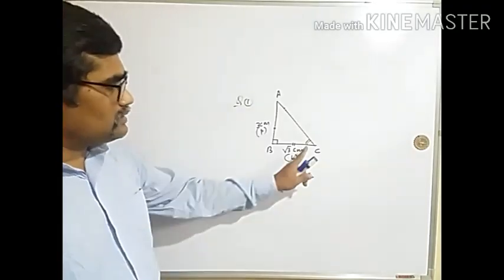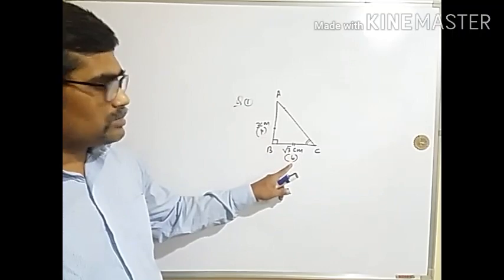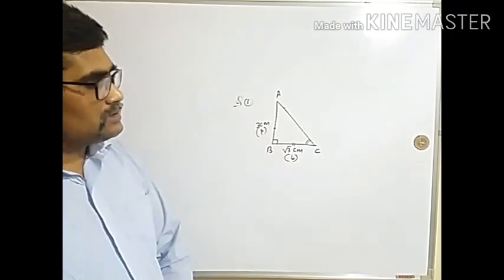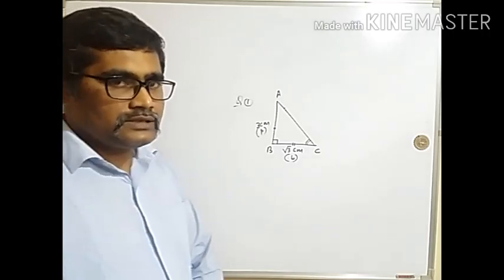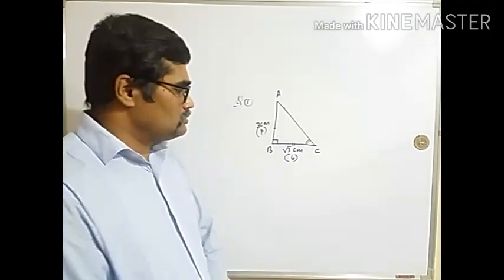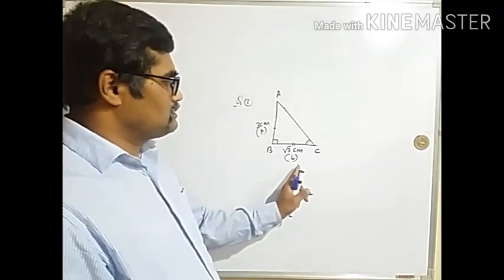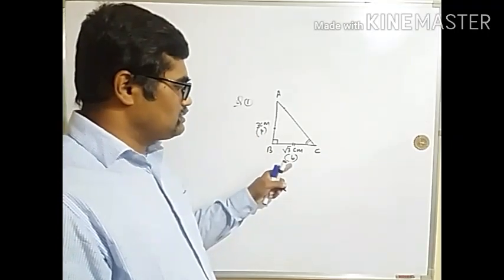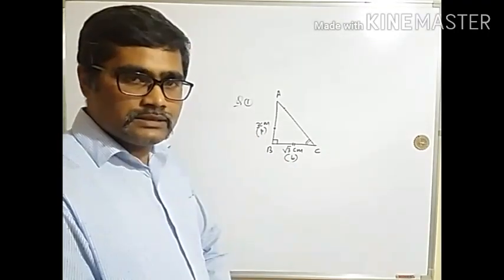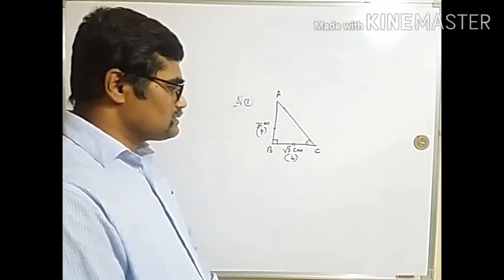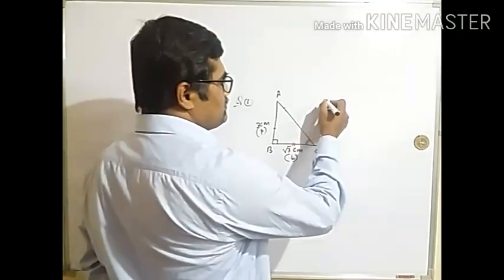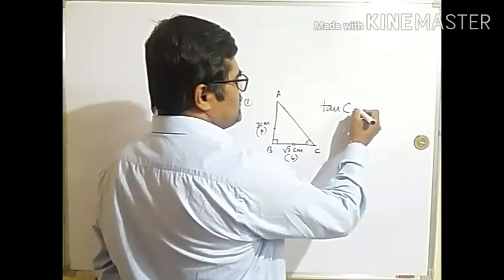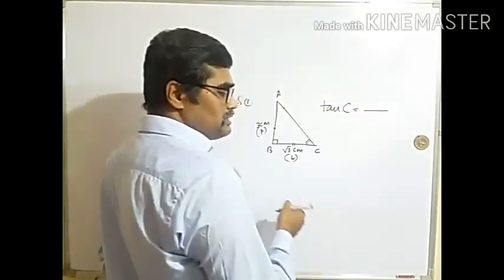Now, as with reference to this angle you know the perpendicular and the base, just recall which particular ratio generates the relation between P and B. There are two ratios, one is tan, another is cot. We'll prefer to have tan. So tan C will be equal to P by B.